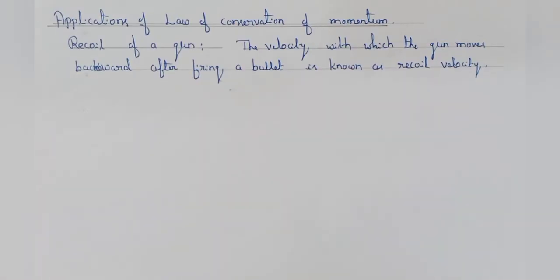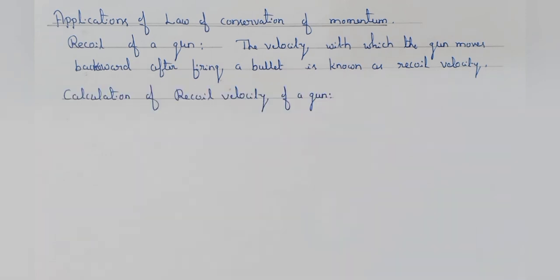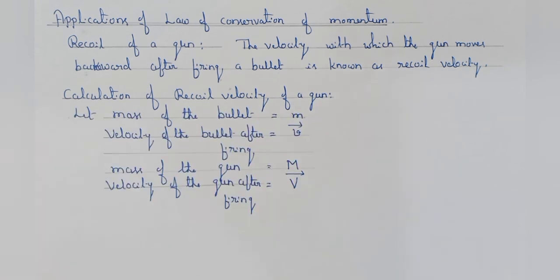Next, let us calculate the recoil velocity of a gun. Let the mass of the bullet be small m, velocity of the bullet after firing be small v, and mass of the gun be capital M, and velocity of the gun after firing be capital V. Therefore, the total momentum of the system after firing is capital MV plus small mv.